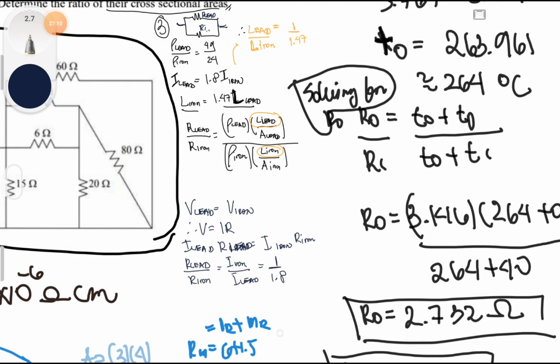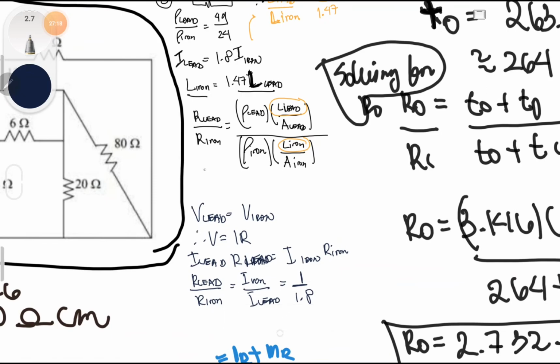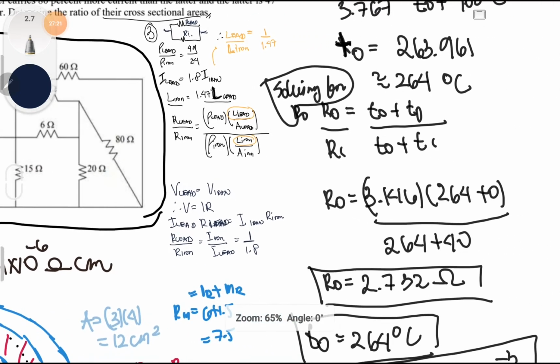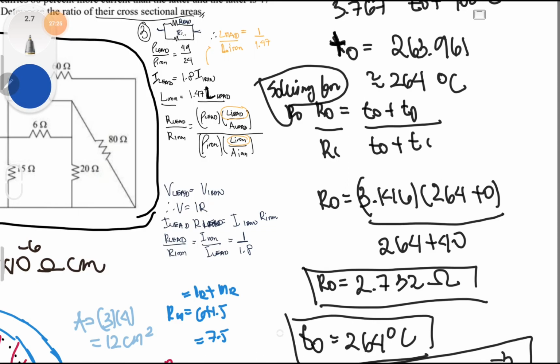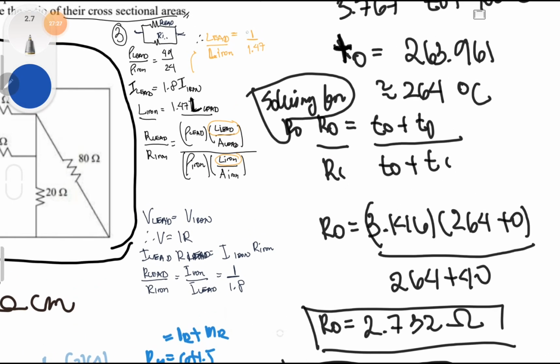Then, substitute natin yan dito, yung R lead over R iron natin. So, substitute natin yung mga givens natin. So, we have our L lead over L iron is equal to 1.47. So, itong dalawa yan. We have a value of 1 over 1.47.